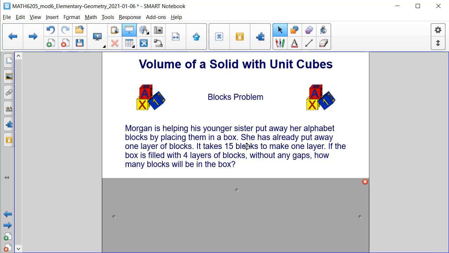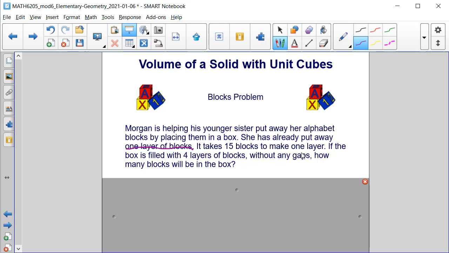To start solving this problem, let's examine what we have given to us in the word problem. She's already put away one layer of blocks. Well, the question is, how many blocks are in that layer? It takes 15 of them to make one layer.